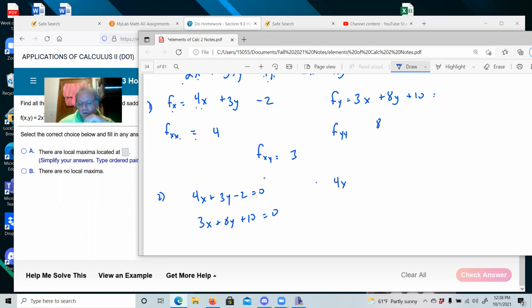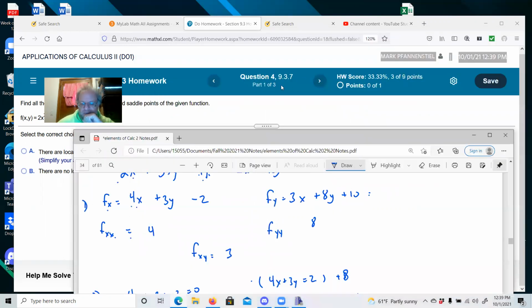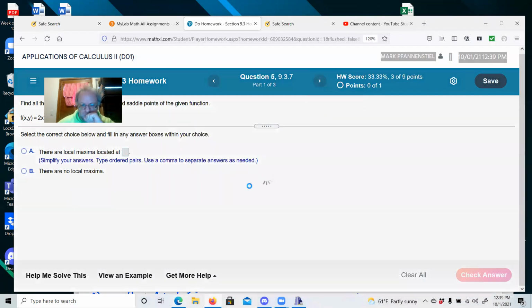So 4x plus 3y is equal to 2, and 3x plus 8y equals negative 10. I'm going to stop us here, because what we're going to do is multiply this by 8, this by negative 3, and go through the same section we just did.